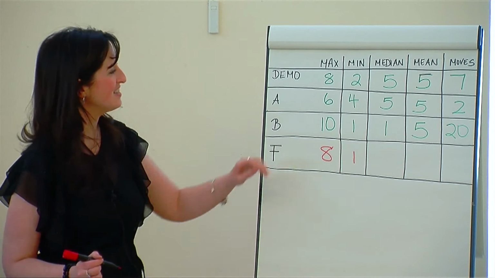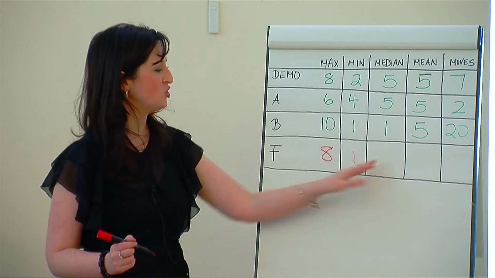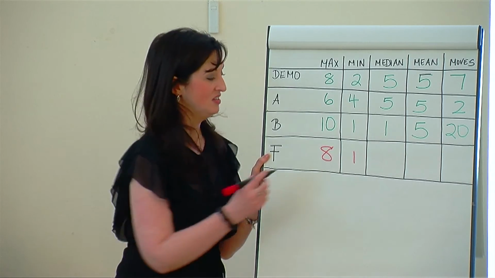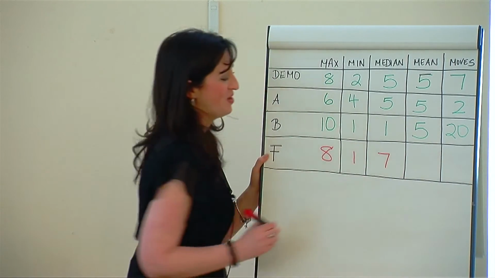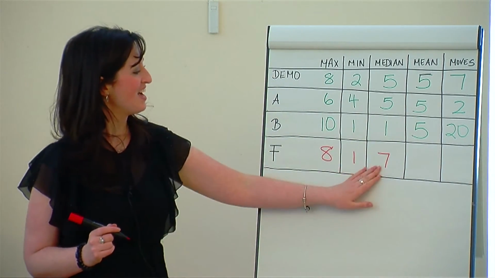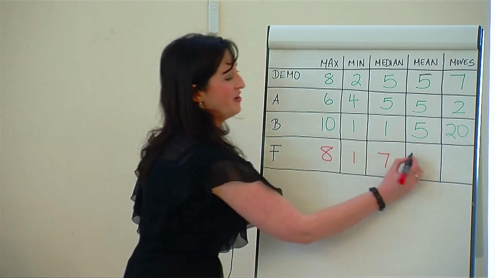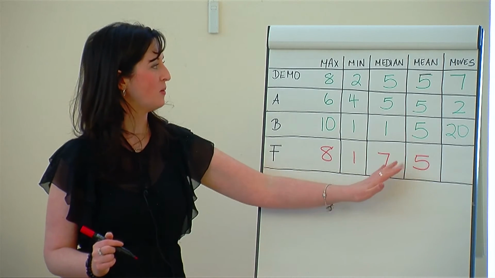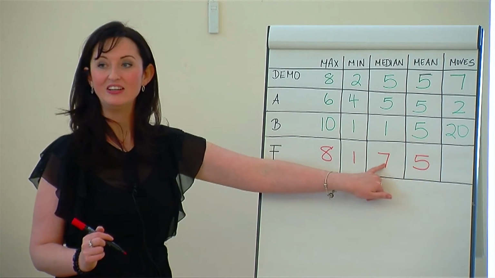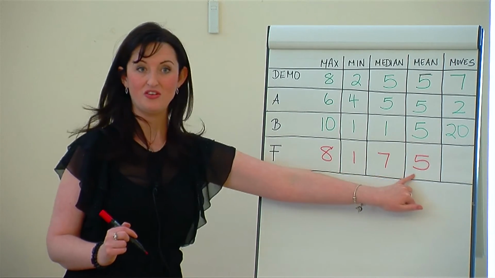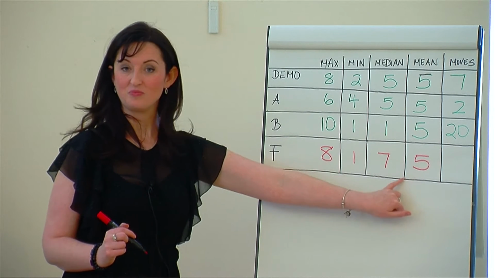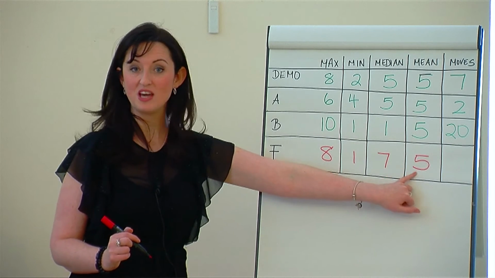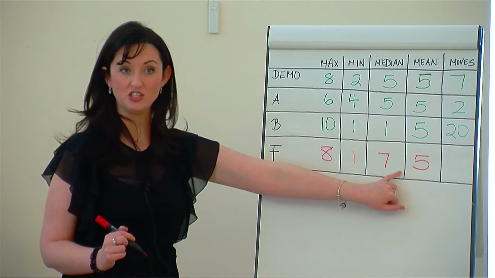Okay, the next thing then is the median. So what was your middle number? 7. Perfect. And then we know that the mean is 5. What do you notice about the median and the mean here? Yeah, they're different. So that tells me I have some variation as well, doesn't it?